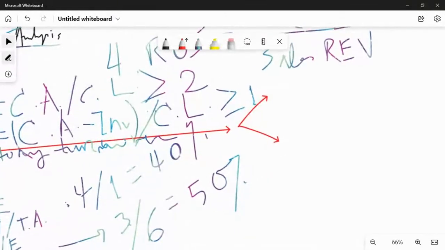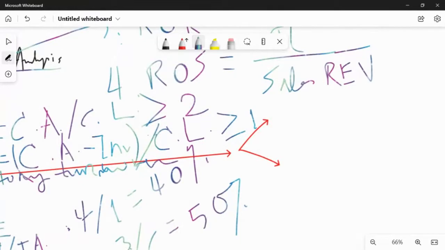One formula is revenue over average inventory, okay?